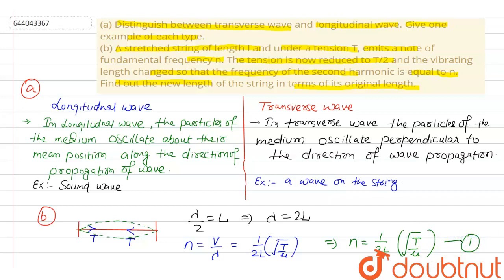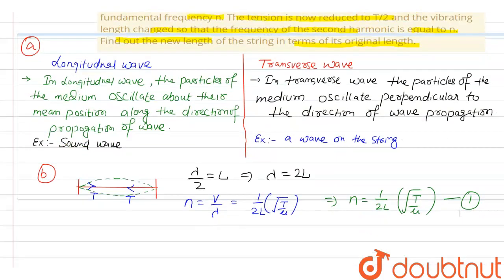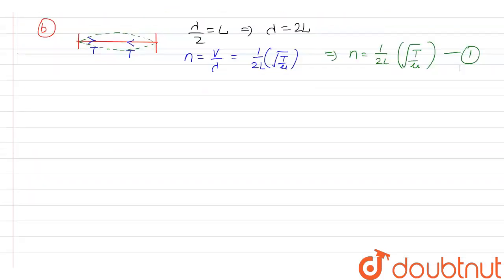Now in the second situation, it is given that the string length is changed. There also the string is stretched between two fixed supports, and here the tension is reduced to half of its initial value, that is the new tension is T by 2, and the length is also changed.